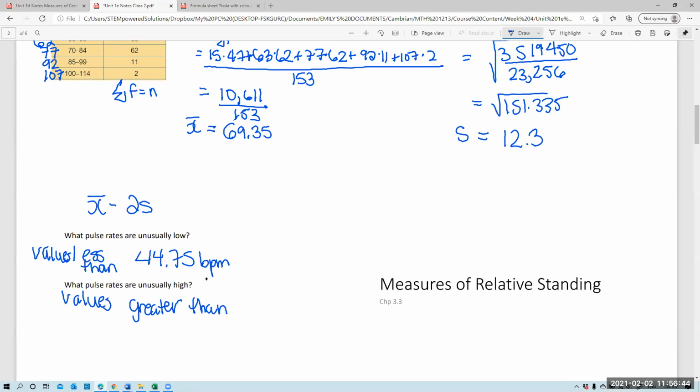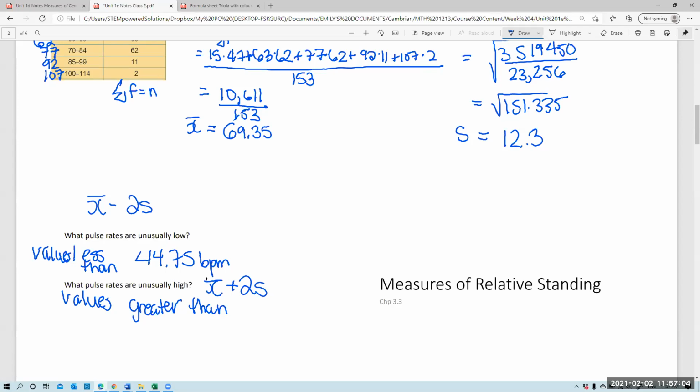And what are the pulse rates that are unusually high? Values greater than 69.35 plus 2 standard deviations. So remember, what we're doing is X bar plus 2 sigma would be pulse rates that are unusually high.